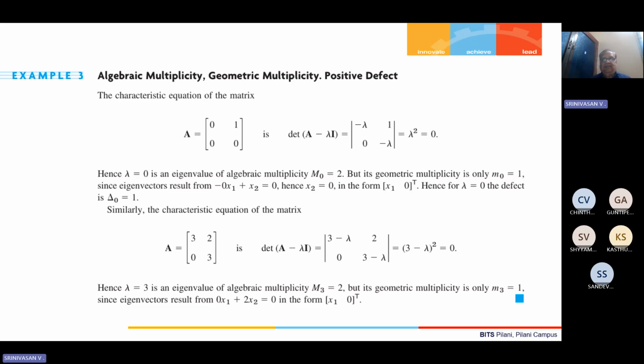So the algebraic multiplicity, capital M suffix 0, since lambda equal to 0 here, is 2, because lambda equal to 0 is repeated twice. You can check the corresponding eigenvector: small m suffix 0 equals 1, there is only one vector. So the defect is delta 0 equal to 2 minus 1, which is 1.